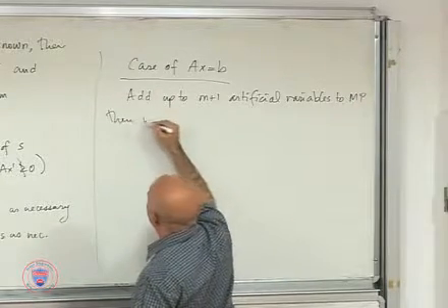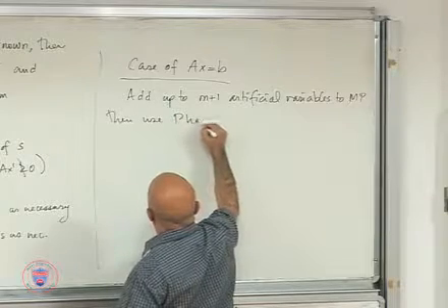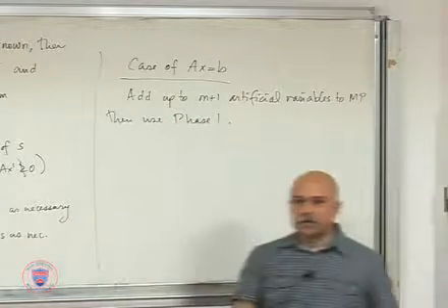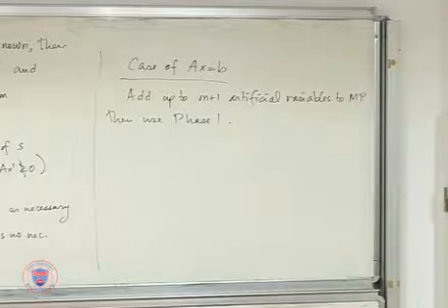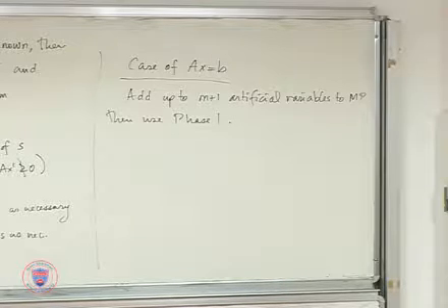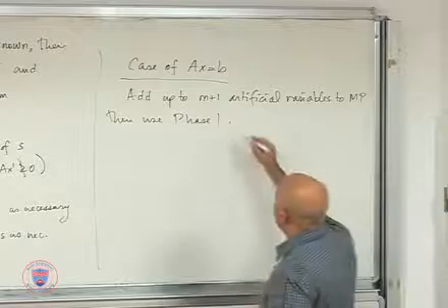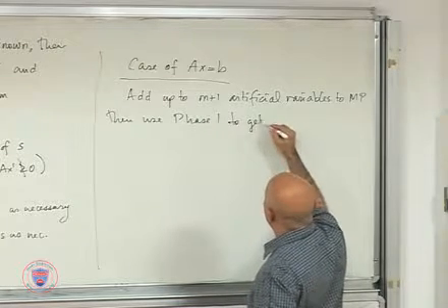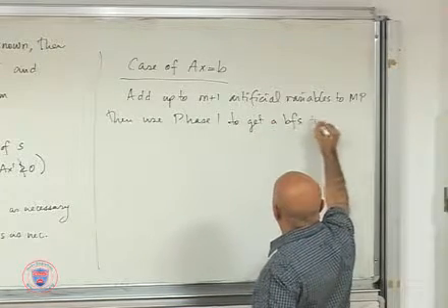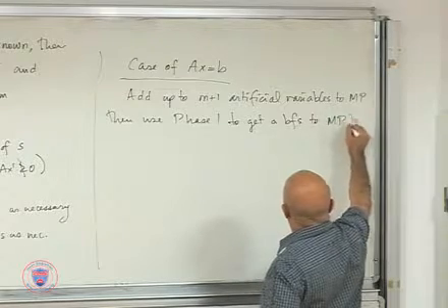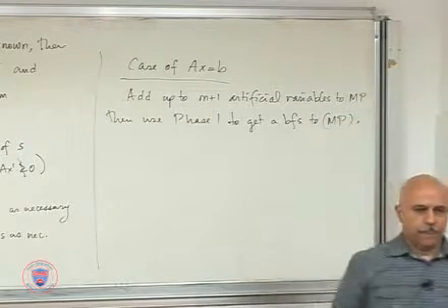Then use phase 1 of the two-phase method, minimize the sum of the artificial variables to get a basic feasible solution to the original master problem. Okay?